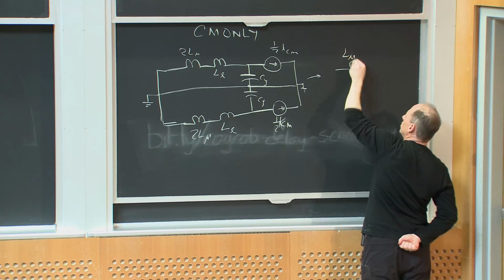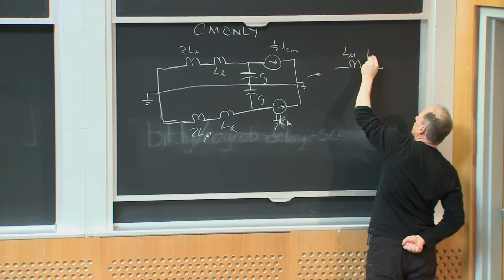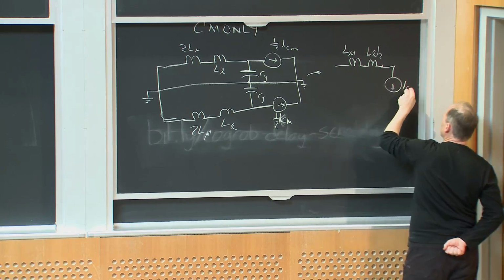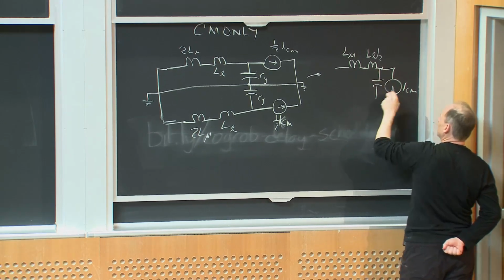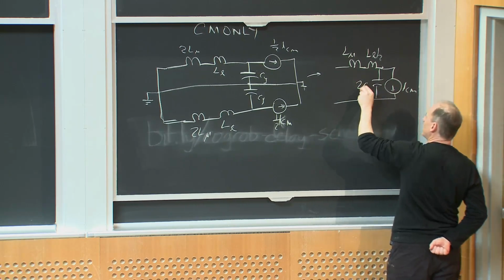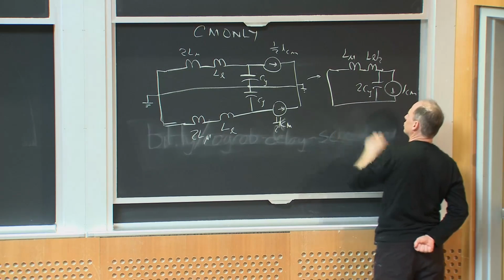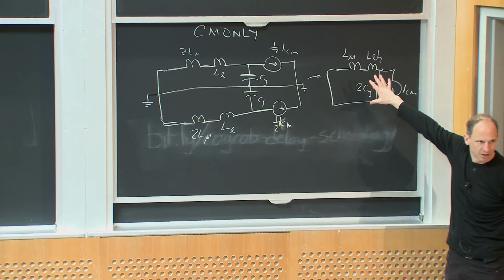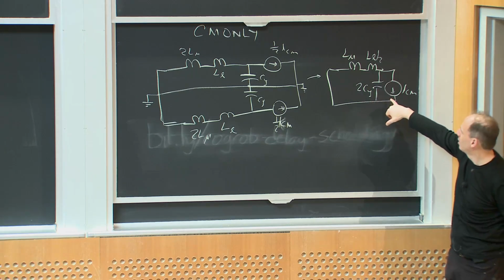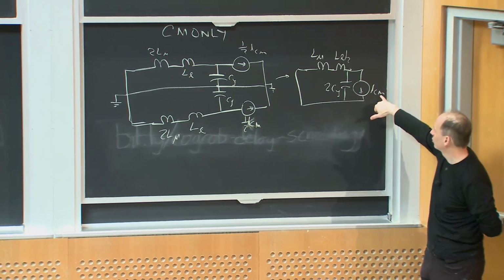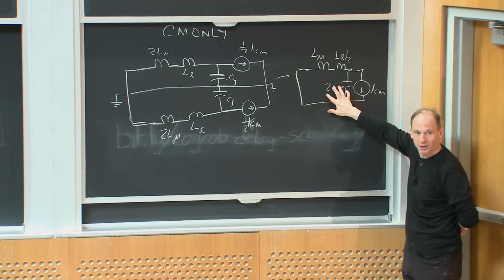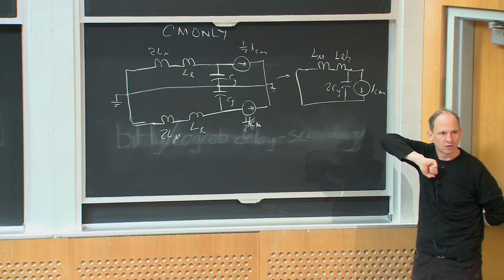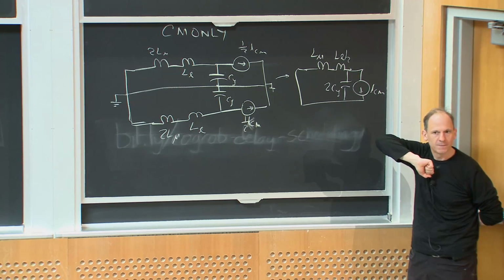L mu, L leakage over 2, ICM, 2CY, and then this is shorted this way, okay? So putting aside damping, which I'm not talking about here, right? Basically, I have a filter comprising 2CY as my capacitor and L mu plus half the leakage as my inductor. Okay? Make sense to everybody?